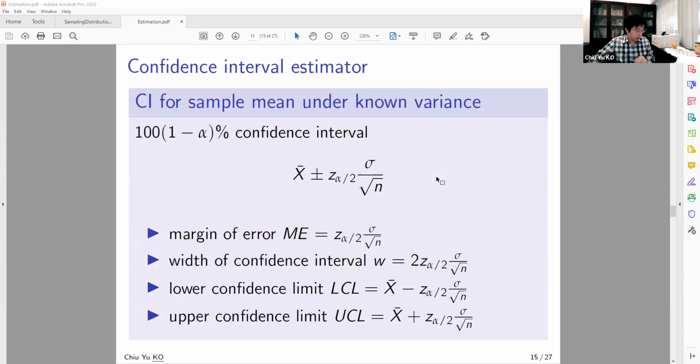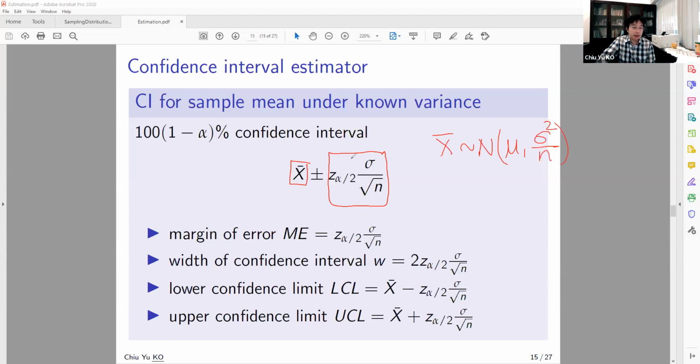Let us define it. This is the confidence interval estimator, based on the point estimate. We add and subtract a certain thing, and by the central limit theorem, x bar is normal with mean mu and variance sigma squared over n.